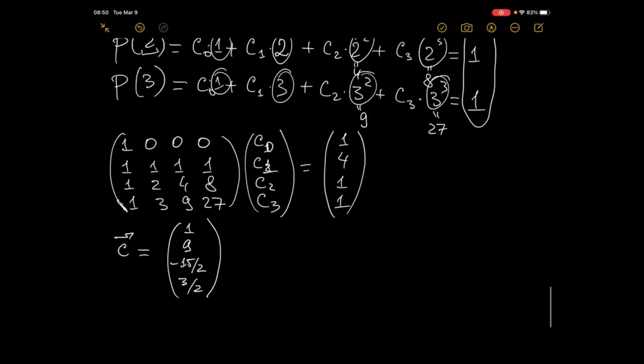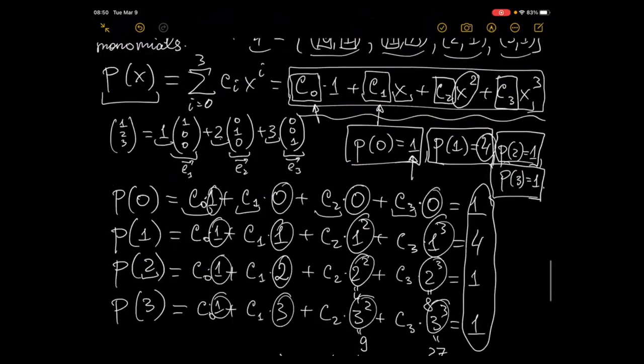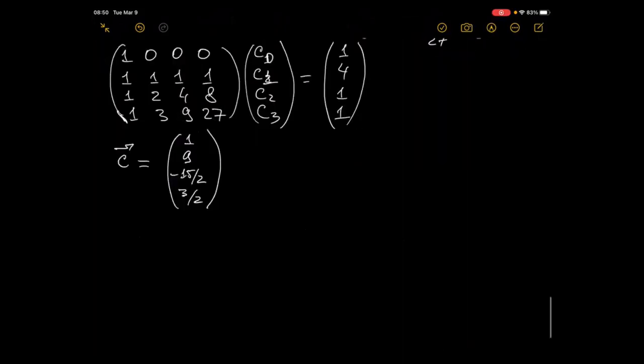So as a result, you can have a look at the lecture. There is a plot, figure 1, which shows that really this is the function which we have found. Essentially, it's the following function: 1, multiplied by 1, 9 multiplied by x, right? So this is my C0, C1, C2, C3, right?